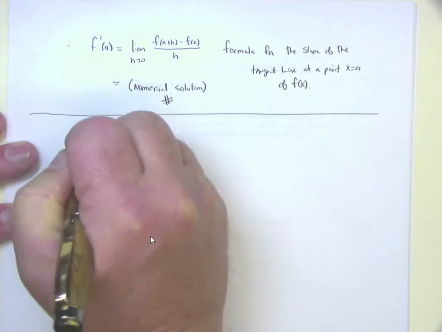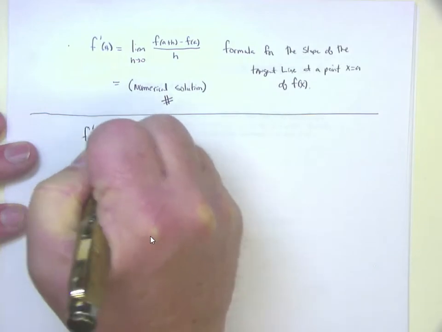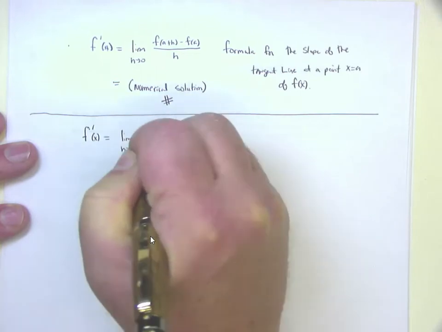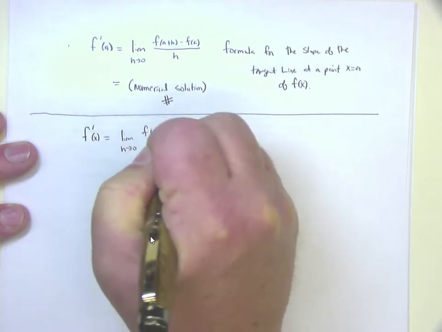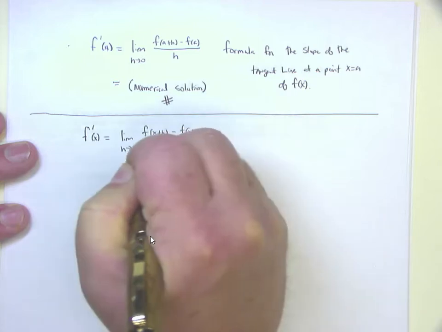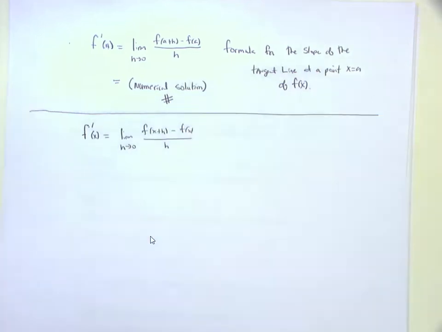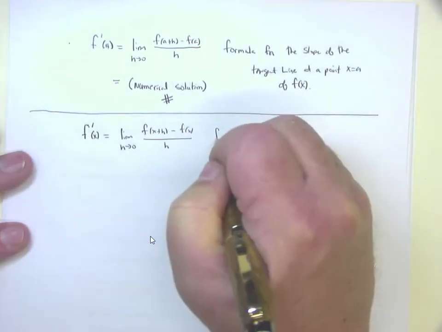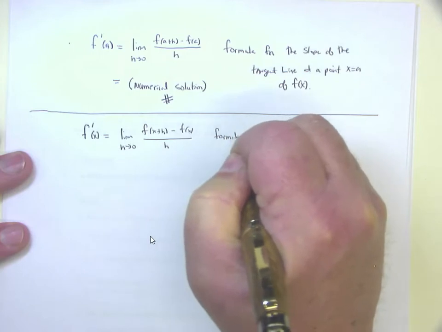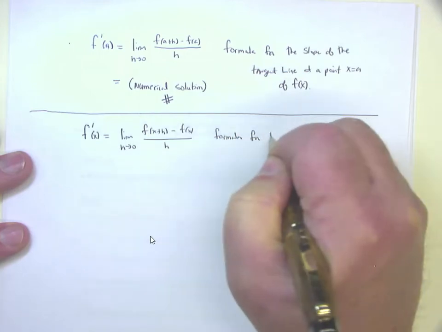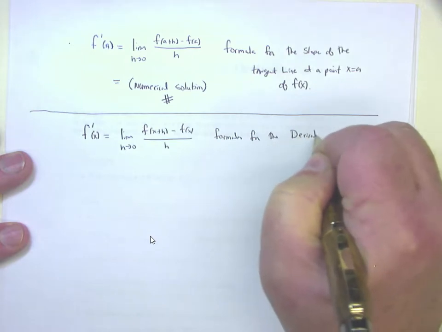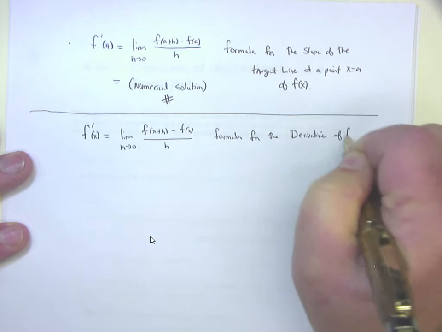Now, the other formula is f prime of x. This similar formula is the limit as h approaches 0 of f of x plus h minus f of x, divided by h. This is a formula for the derivative of f of x.